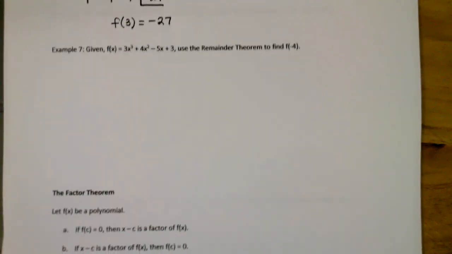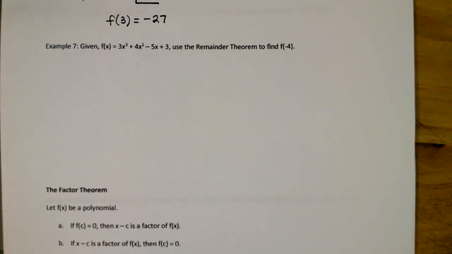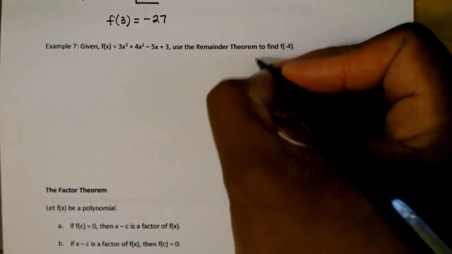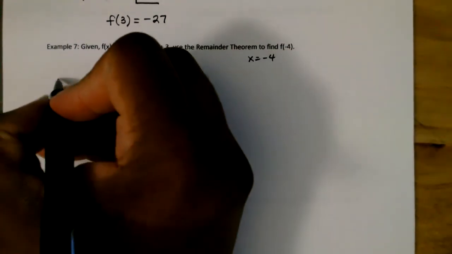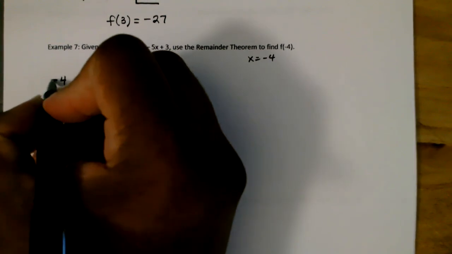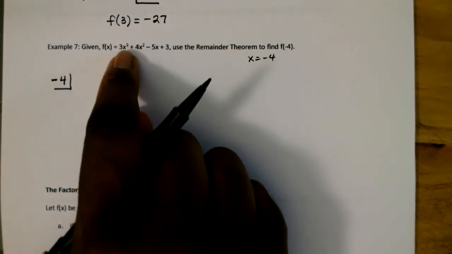Let's say we are given f of x is equal to 3x cubed plus 4x squared minus 5x plus 3. And we want to use the remainder theorem along with synthetic division to find f of -4. So here our x is -4. That means -4 would be our divisor, and that f of x function is going to be our dividend.